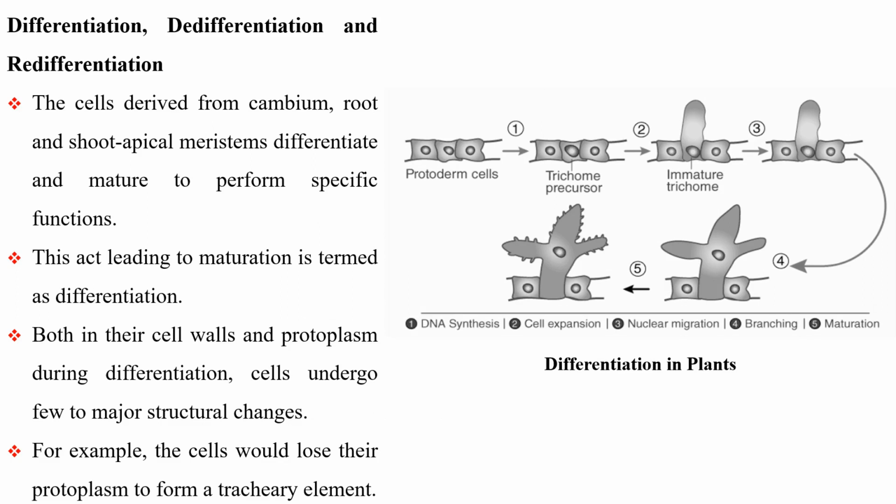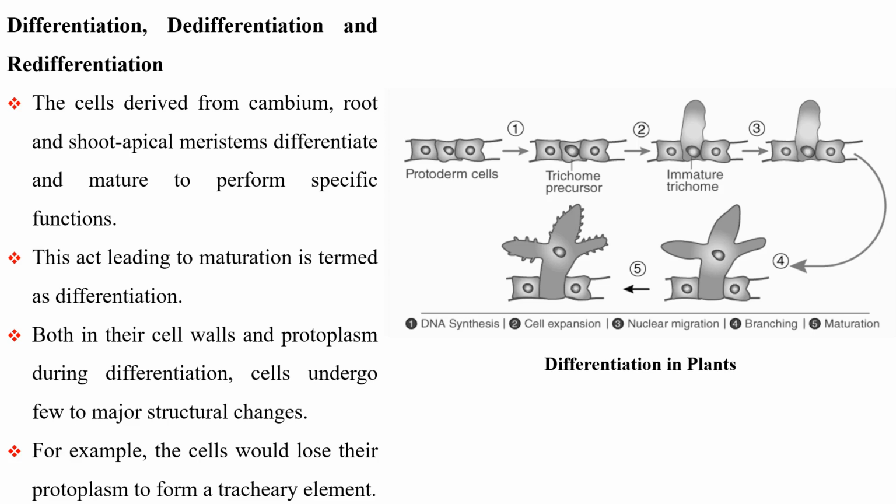Differentiation, dedifferentiation, and redifferentiation. The cells derived from cambium, root, and shoot apical meristem differentiate and mature to perform specific functions. This act leading to maturation is termed differentiation. Both in their cell walls and protoplasm, during differentiation, cells undergo few to major structural changes.